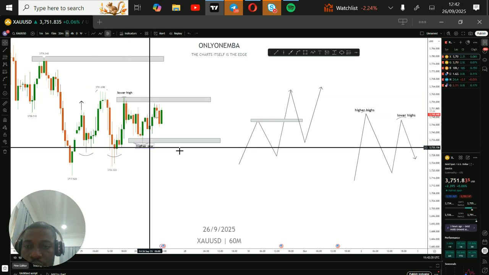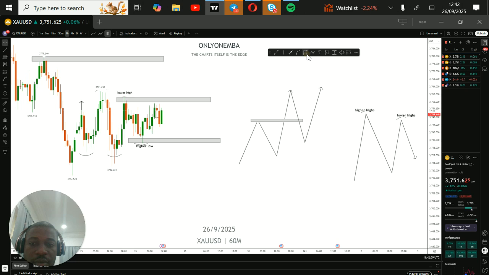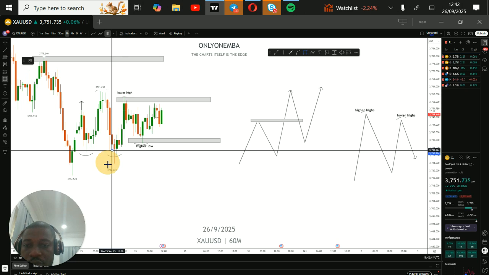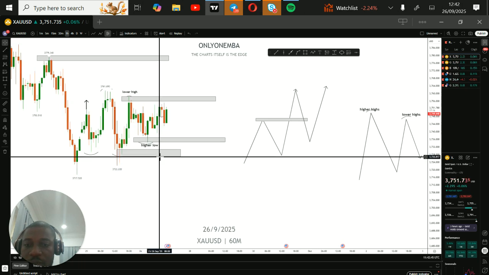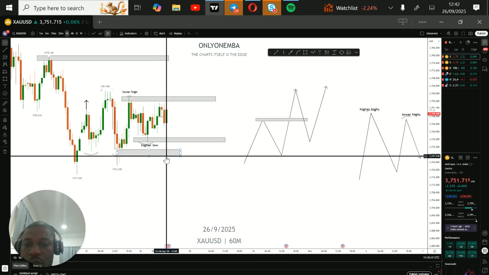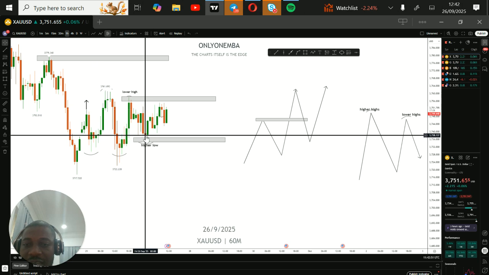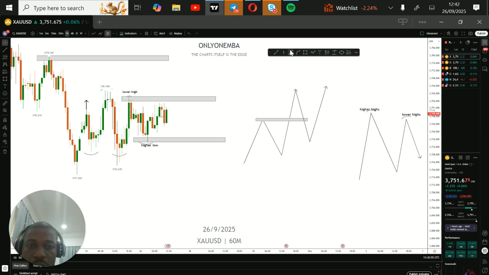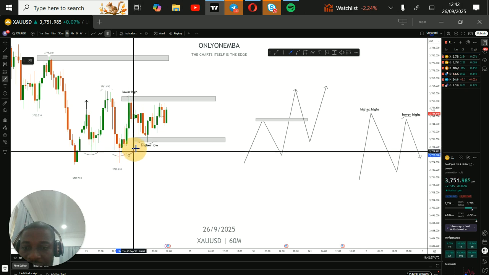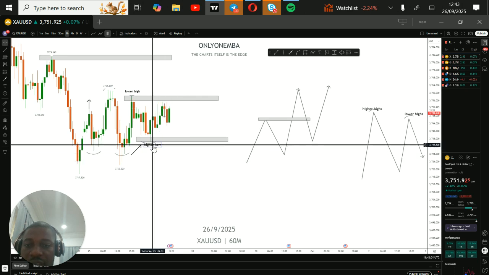Then price pushed down but couldn't break this low. It did not break to say sellers have confirmed. What happened? It created another low, but why is this low a higher low? Because it's higher than the previous low. Now we have a higher low.